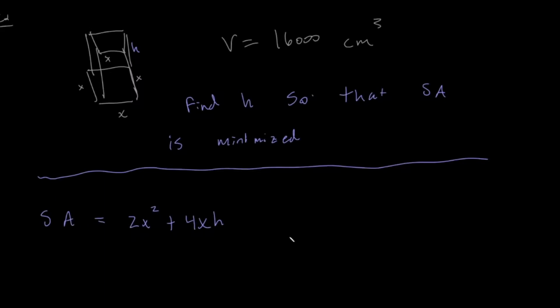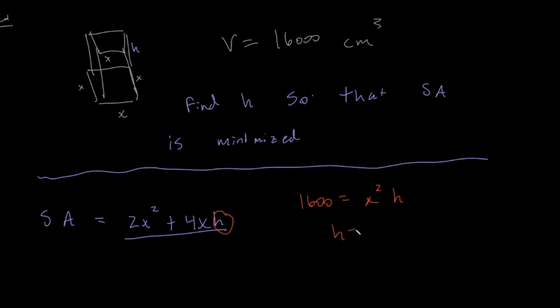And if we want to minimize surface area, that means it all has to be in the same variable. So I'm going to find h in terms of x from this formula. So 16,000 equals, that's the volume, so that would be x squared times h, the 3 dimensions multiplied.